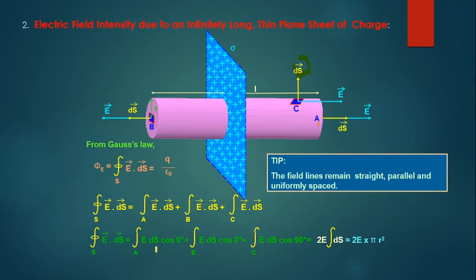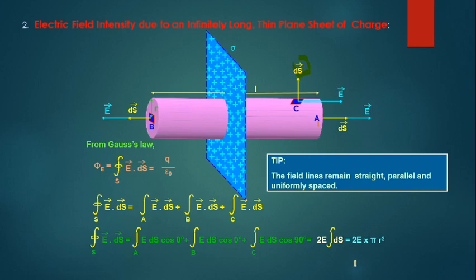The cos 0 is 1, and for this one also cos 0 is 1. So this equals 2 times E ds, with cos 0 equal to 1. So 2E times the area pi r square.